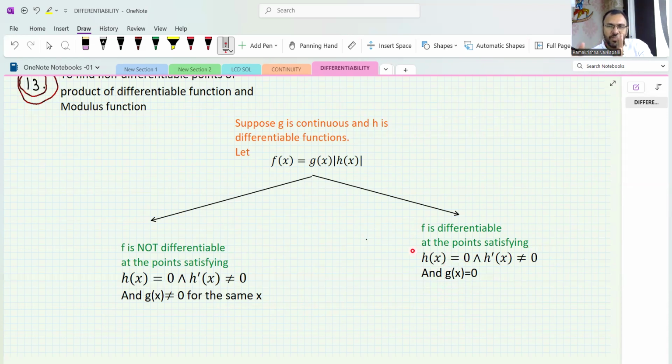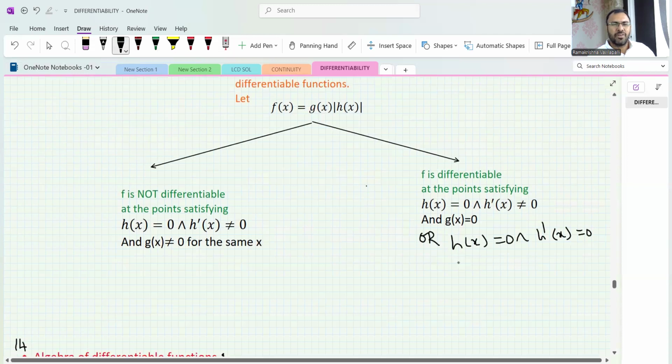A non-differentiable function times a continuous function, and at those points that continuous function must vanish, so that the product becomes a differentiable function. Or you can say it is differentiable where h of x equal to 0 and h dash of x equal to 0. Anyway, this is obvious.